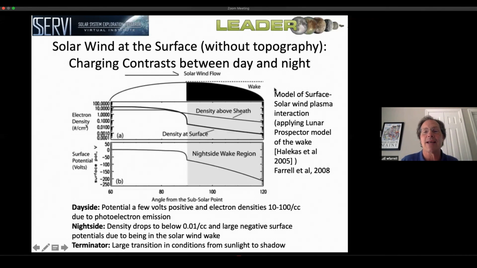However, on the night side, you have this lunar wake. It starts out almost as a perfect void that goes out to 10 lunar radii, and the density drops to about 1/500th of what it would be in the solar wind. Further, on the night side, the surface charges up strongly negative. So it's a few volts positive on the day side, strongly negative on the night side, and you have this steep transition region up near the terminator. So the terminator is very complex.